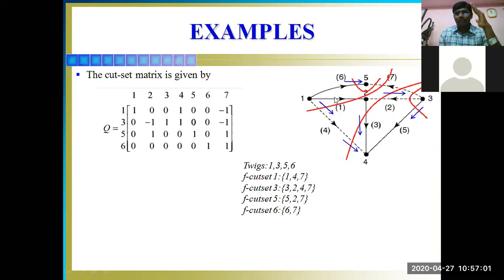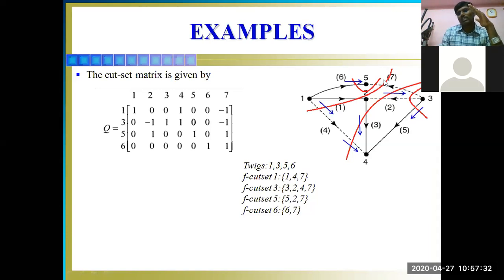For the first twig also, you can't remove this 3, what we removed earlier. Because these two are twigs, you should remove only one twig at a time. So therefore, first twig and fourth link and seventh link: 1, 4, 7.